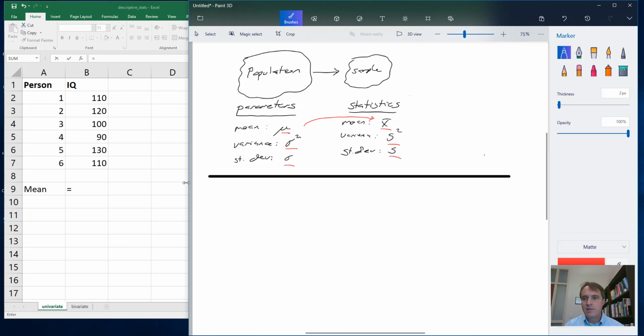So let's just review. If we are going to take our x bar, all we need to do is add up each of the individual values. So we'll do i for i equals 1 up to n.